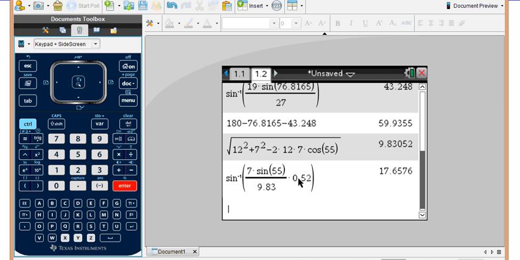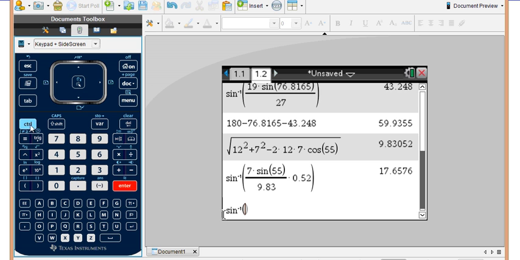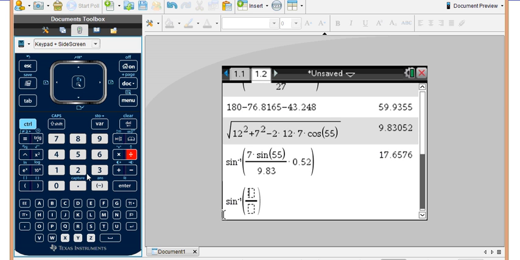I don't know what happened there. Let's try that again. Inverse sine. This time I'm going to make a division bar. We have in the numerator 7 times sine of 55 degrees divided by 9.83052.